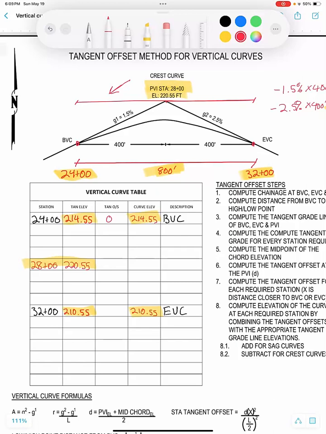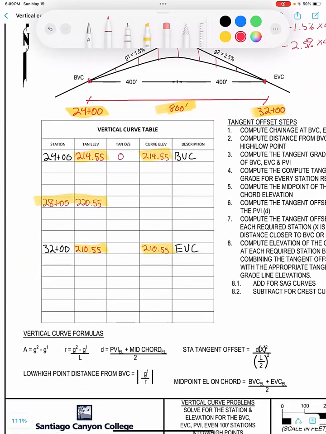However, along that ordinate, every 100 feet that we go along here, so that's 400, that's 200, that's 300, that's 100, all we're going to be doing is calculating that tangent offset along here.